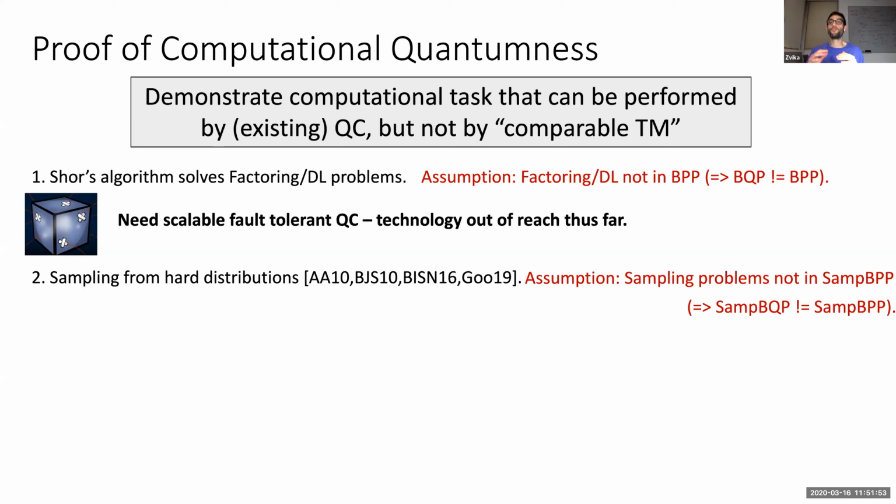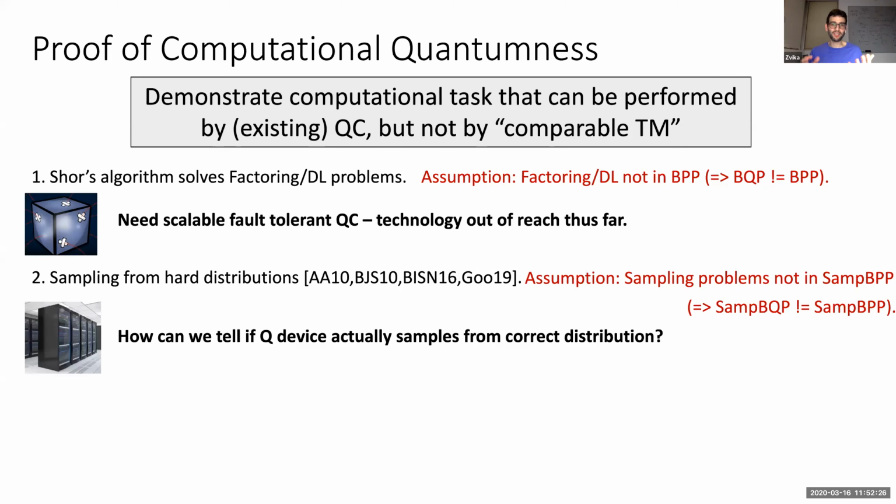So you need to assume some separation between what can be done in quantum polynomial time and what can be done in classical randomized polynomial time. This approach indeed works and is implemented, and Google has run this experiment. They call this notion quantum supremacy, and they were able to sample from this distribution, which is assumed to be hard for classical samplers.